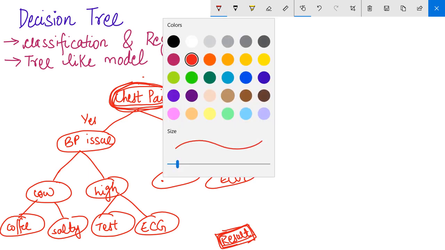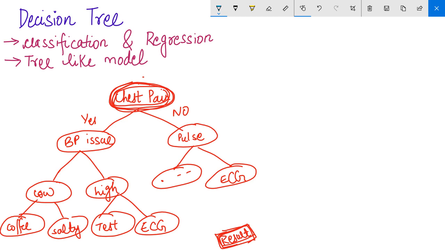If I want to explain one more example, a very simple example, let me tell you. Let's say a person is going to buy a house or a flat somewhere.